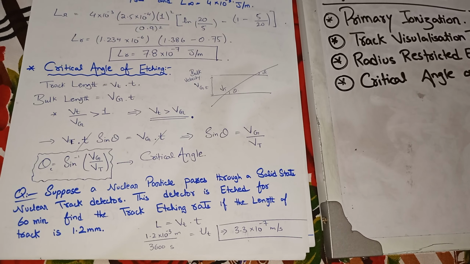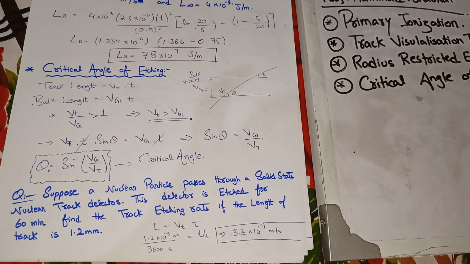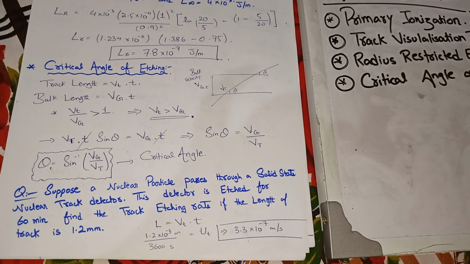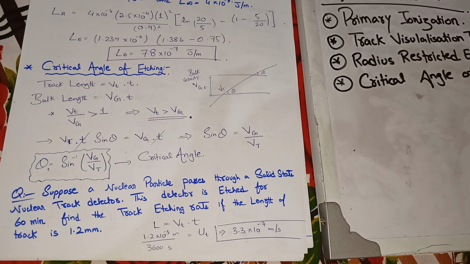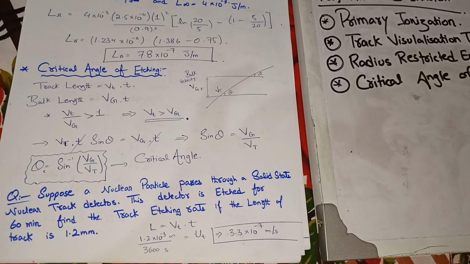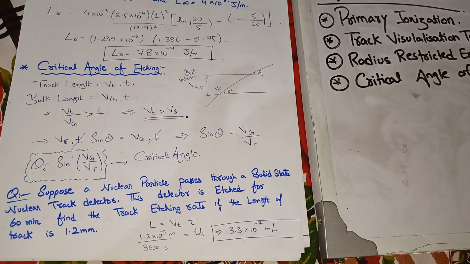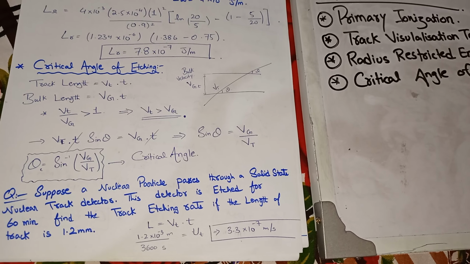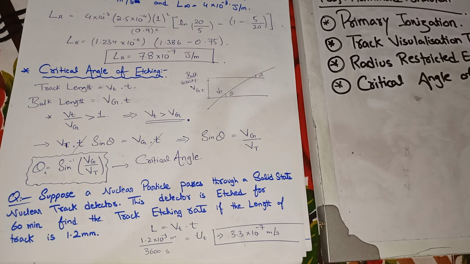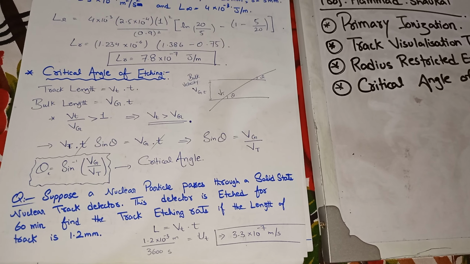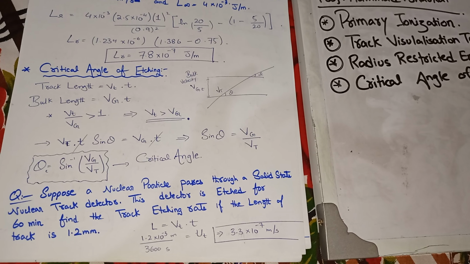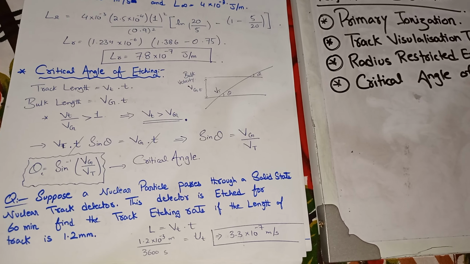So v equals l by t. The l value is given, 1.2 times 10 raised to minus 3 meters, and time 60 minutes in seconds is 3600 seconds. After calculating, you will get the track etching rate vt equal to 3.3 times 10 raised to minus 7, and because it's velocity, the unit is meter per second.